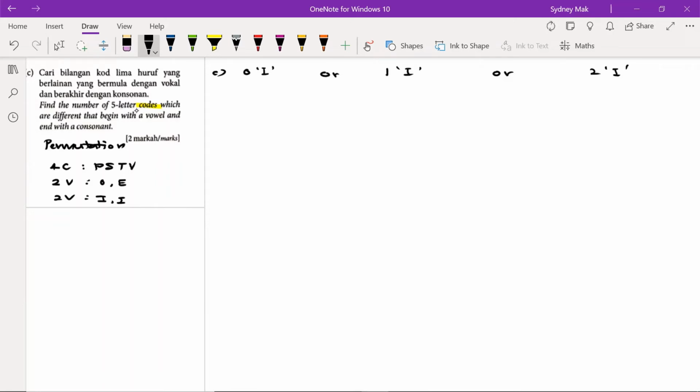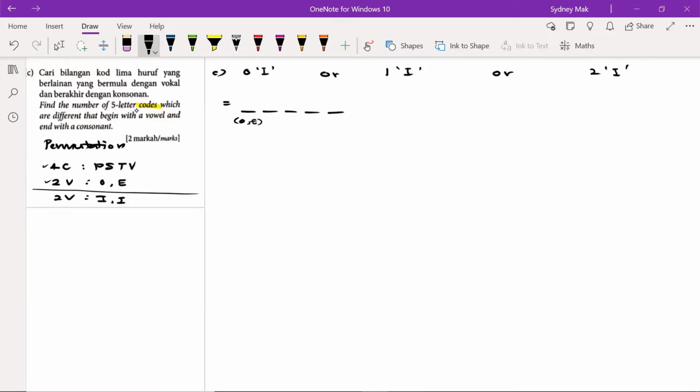So over here, let's look at the scenario where no I is involved. When no I is involved, we just look at the 4 consonants and the 2 vowels. Okay, so use the fill in the blank method. The first empty slot, I have 2 choices, because I have to fill in with a vowel. So it's either O or E.